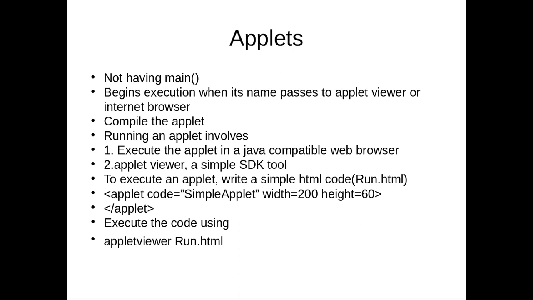If you are using the applet viewer, you have to type appletviewer run.html. Then that window will be created, with a width of 200 and height equal to 60, and in it it will print a simple applet at location 20,20.